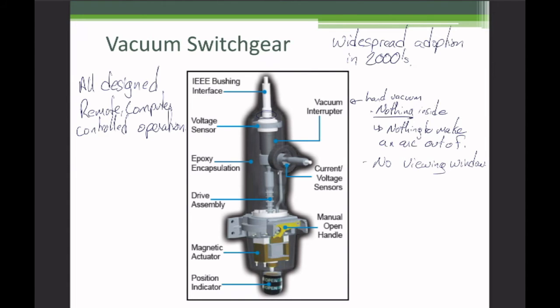Now, the other thing that these will do is instead of having a motor that winds a spring and uses that to swing an arm to open and close the switch, here we've moved to a magnetic actuator. These are very precise in their movements and they're very fast.